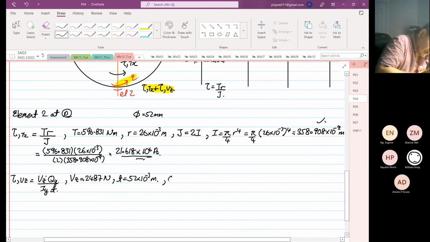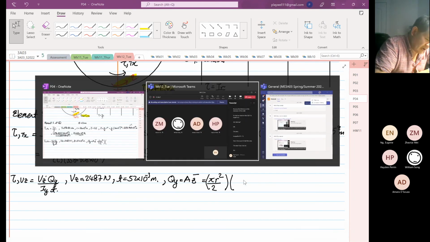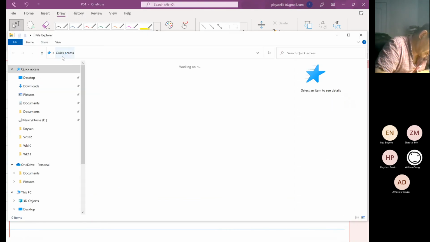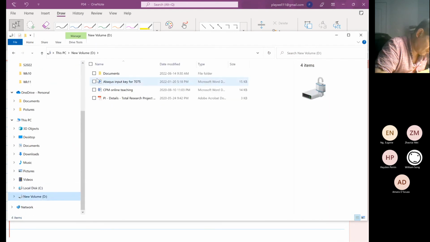So next we need to find Qy, which is equal to A times Z bar. The area is equal to pi r squared over 2 because it's half the area. For the Z bar, I have to get out the document that was in your term test, which has that formula.